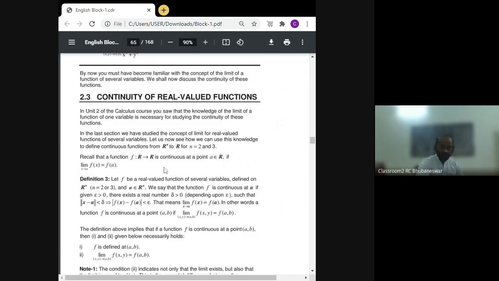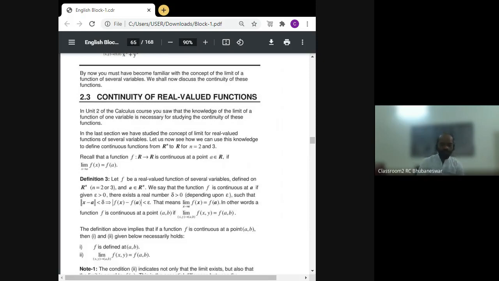The definition was: a single variable function f is said to be continuous at a point if this condition is satisfied, that is, if the limiting value of the function at x equal to a equals the functional value at x equal to a. So if the limiting value is equal to the functional value, then we can say that it is continuous at that point.